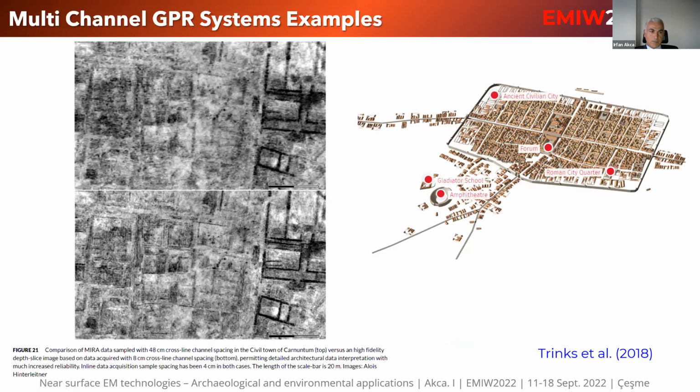Okay, I will show some examples produced by multi-channel GPR systems. The one on the top is measured with a single-channel system, which is also a successful one. But after using a multi-channel system, you can have an enhanced image of the subsurface where you have very detailed information about the structures underneath.